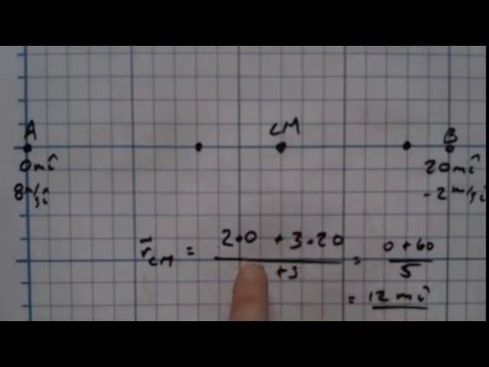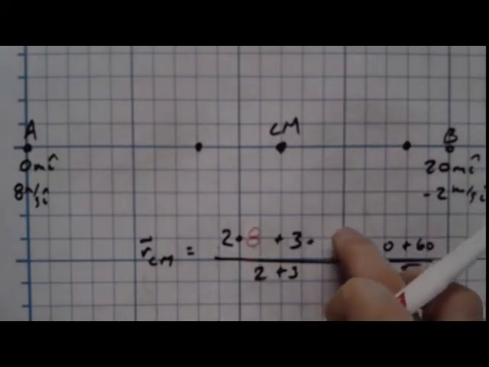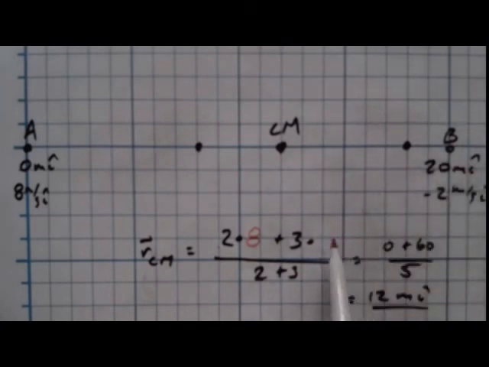So this calculation, now we've got 2 times not 0, but 8. So I got to change that to be an 8 right there. And object B is no longer at position 20, it's at 18. And then when I add those up, I get 16 plus 54.